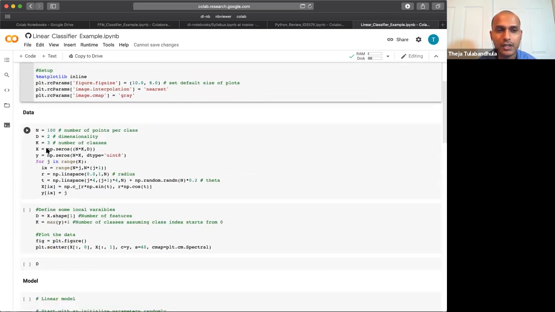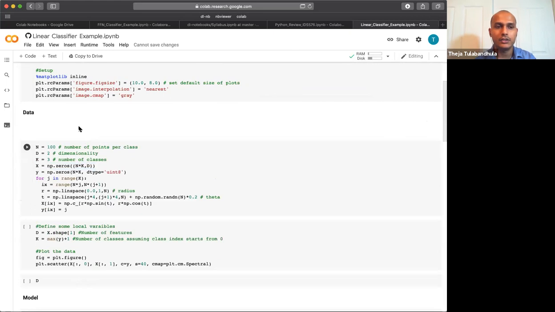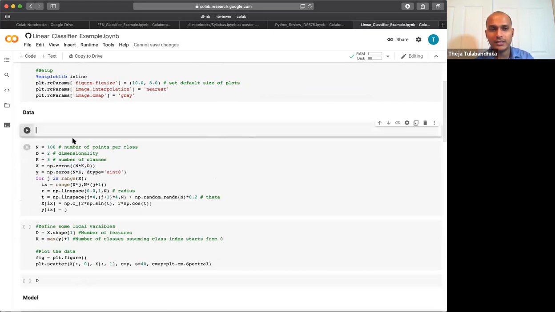So you can say x is equal to np.zeros of (n times k, d). What does this do? By the way, the whole benefit of doing this in a notebook, there are pros and cons, but one of the benefits, especially when we're doing one-off experimentation with training a model and preprocessing the data, is that it's very useful.